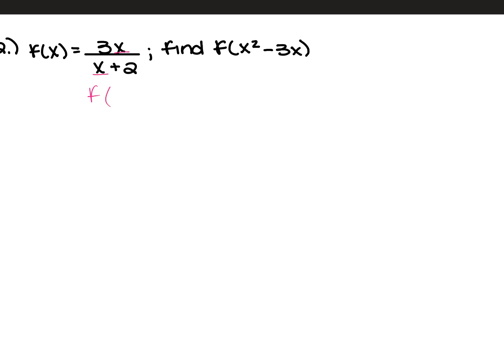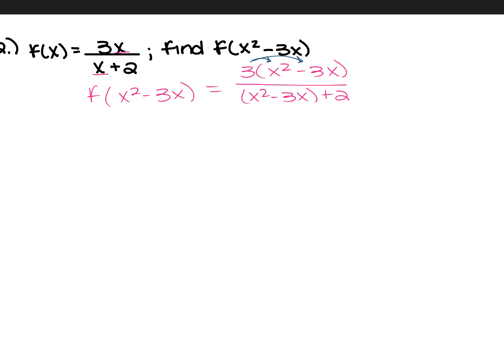So we're going to have f of x squared minus 3x is equal to 3 times x squared minus 3x over x squared minus 3x plus 2. Up top, we're going to distribute that 3. That's going to give us 3x squared minus 9x all over x squared minus 3x plus 2.